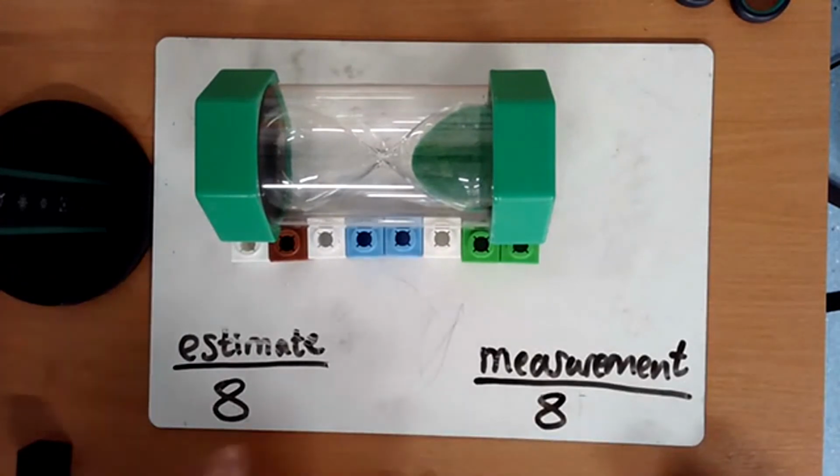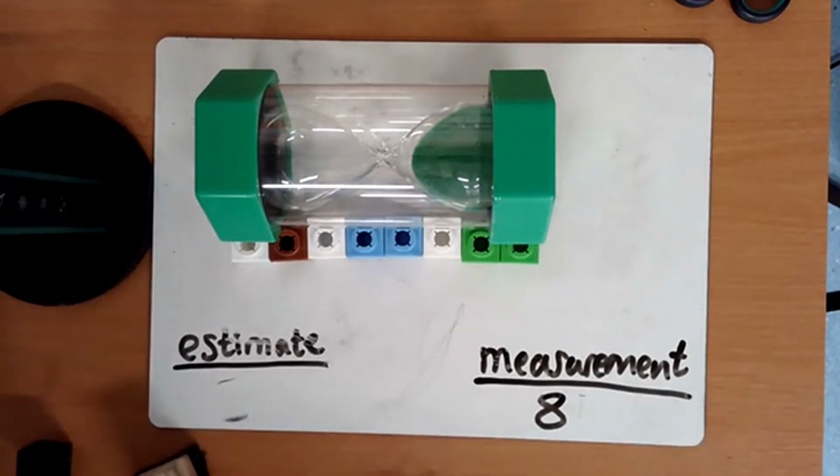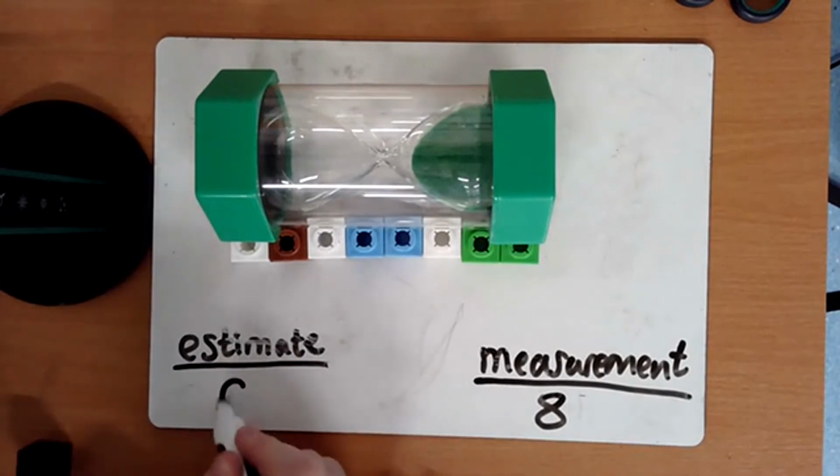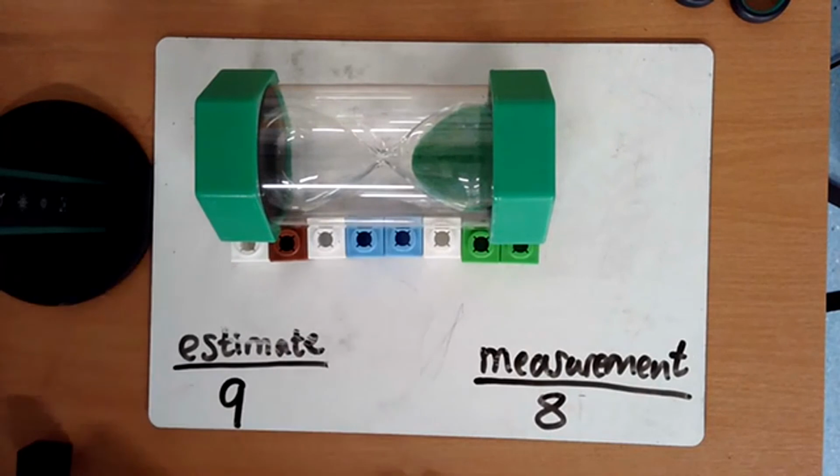That's a good estimation because it's the same as what the measurement was. But remember, had my estimation been 7, that would still be a good estimation. And had my estimation been 9, that would have been a good estimation as well. It doesn't have to be exactly the actual measurement, but it must be close to it.